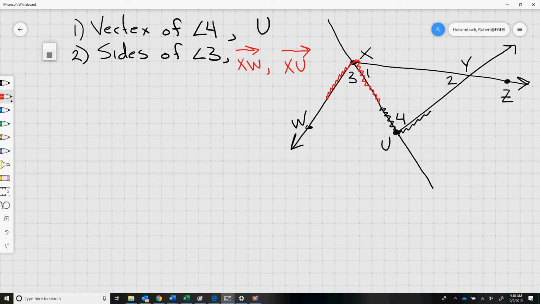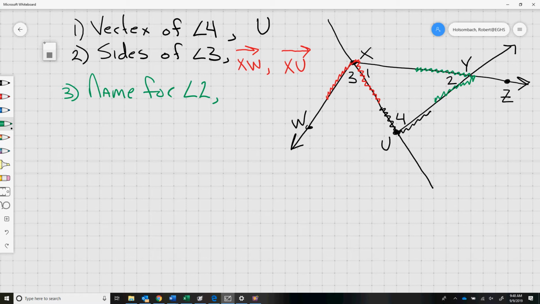Question 3. What is another name for angle 2? Well, where is it? It's right here, isn't it? Here's angle 2. What is another name for angle 2? Yes, sir.